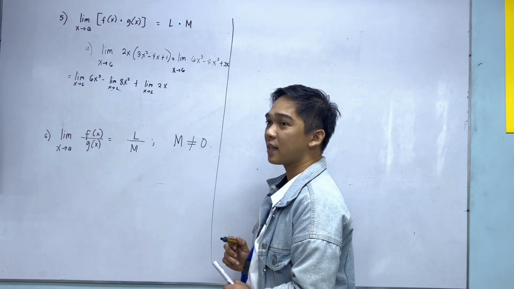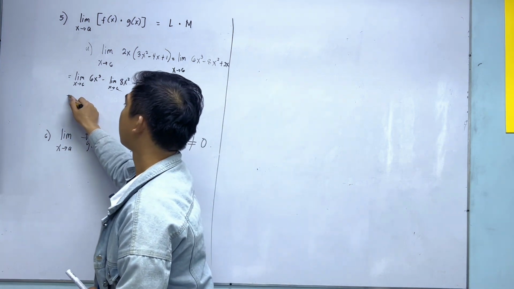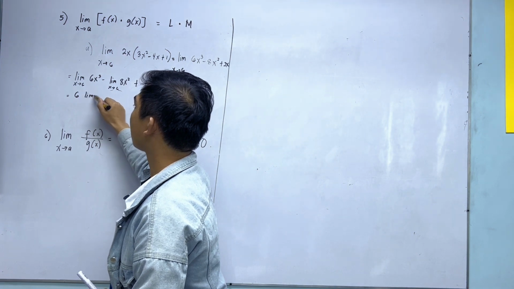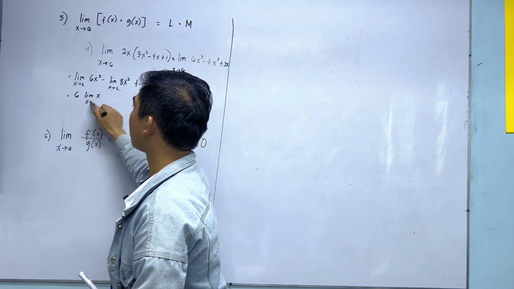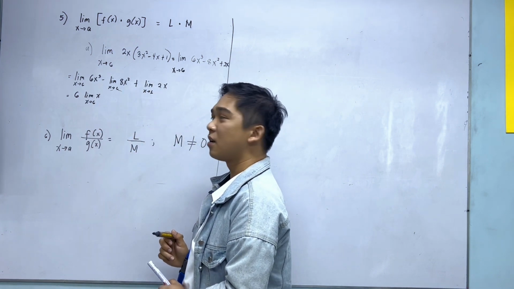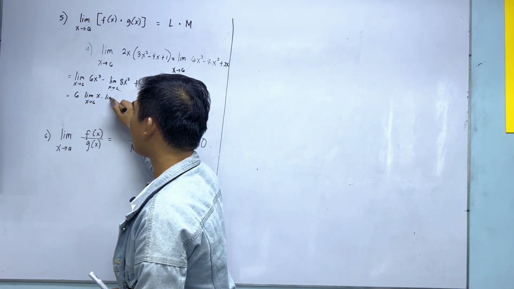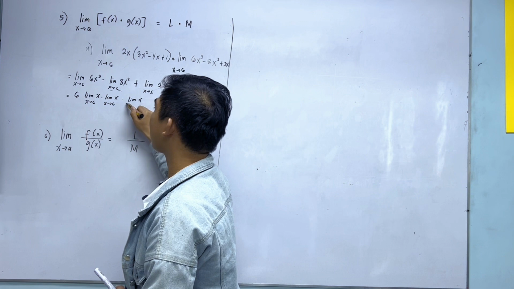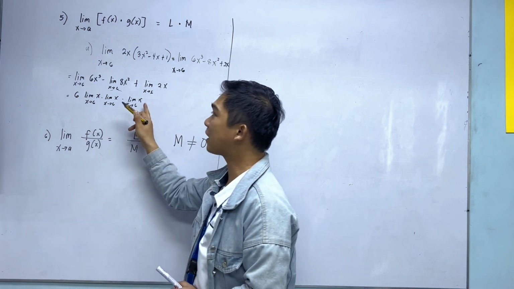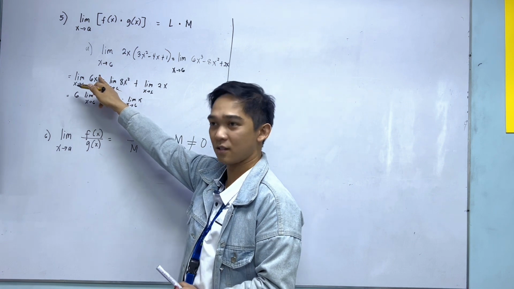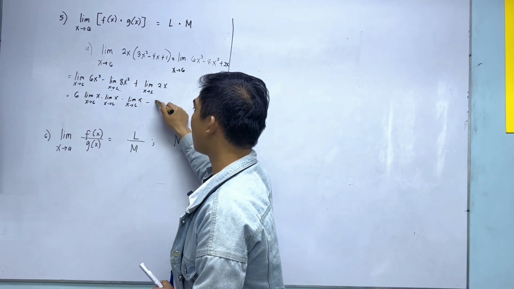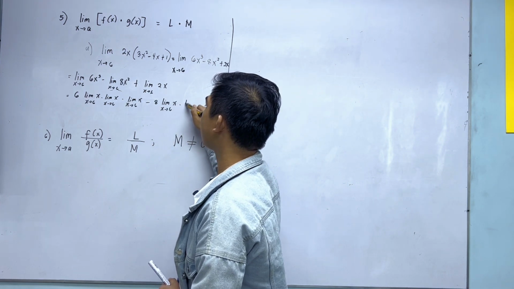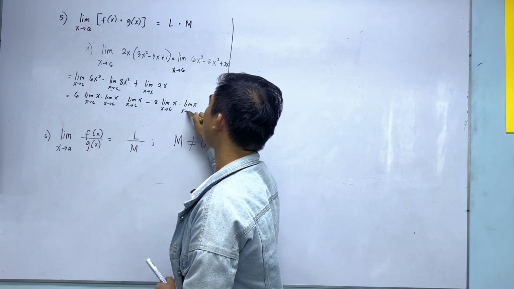Anong gagawin next? Ilabas natin si 6. Limit of x as x approaches 6, cube siya, no? So, isa-isahin na natin. Limit of x approaches 6, limit of x approaches 6. Bakit tatlo? Kasi x times x times x, minus 8 limit of x approaches 6 times limit of x approaches 6.